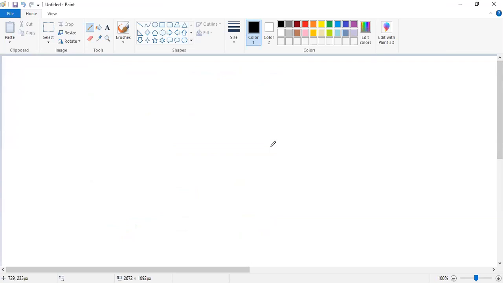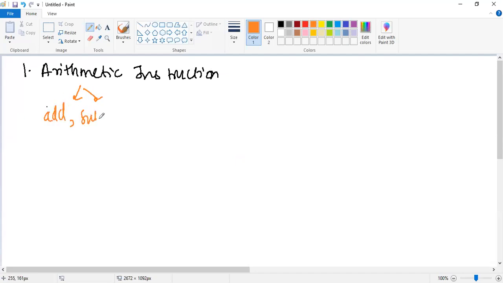Now let's see the arithmetic instruction. This means what? Your add, your subtraction, your division, your multiplication.